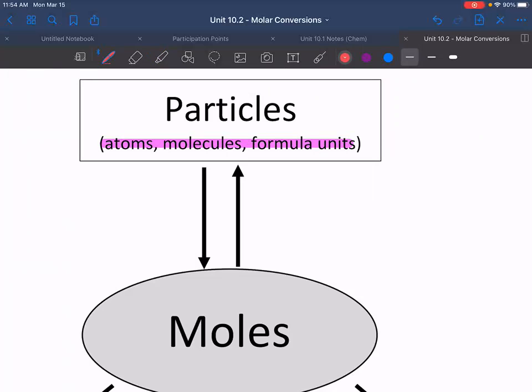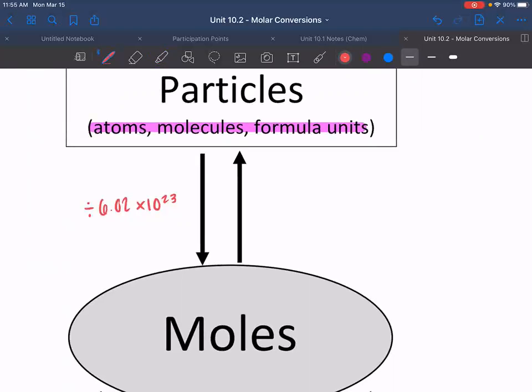If we start with the number of particles but want to find out how many moles, we are going to divide by 6.02 times 10 to the 23rd. So that's for the left arrow. If we want to go from moles to particles, then we multiply by 6.02 times 10 to the 23rd. So these revolve around Avogadro's number.